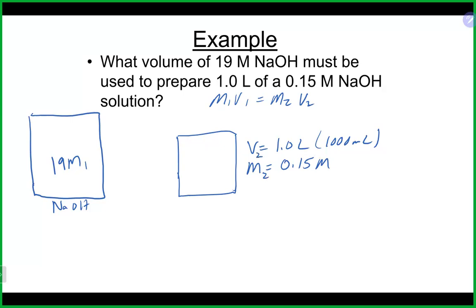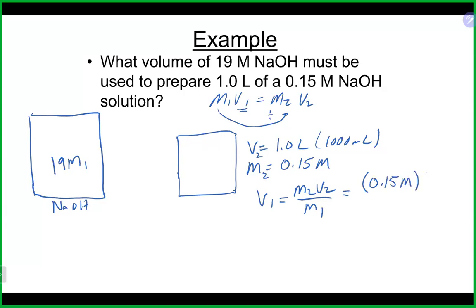And in this particular case, we could solve for then V1. And we're going to divide this to the other side. And that will give us that V1 is equal to M2 V2 divided by M1. Putting in our numbers here, we end up with 0.15 molar.